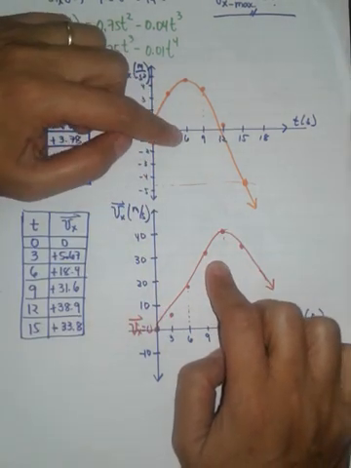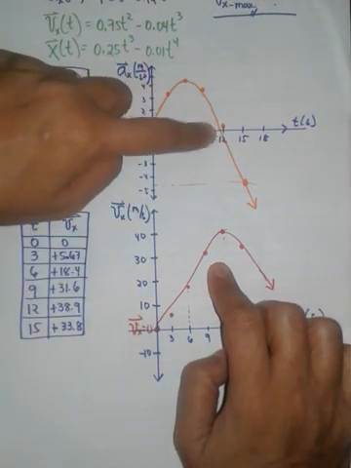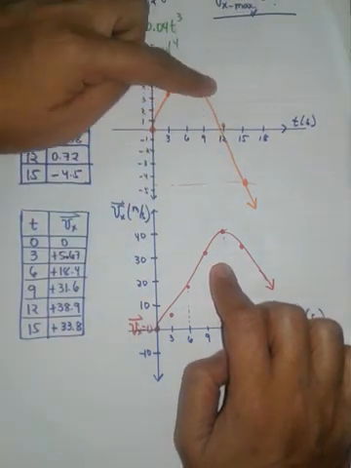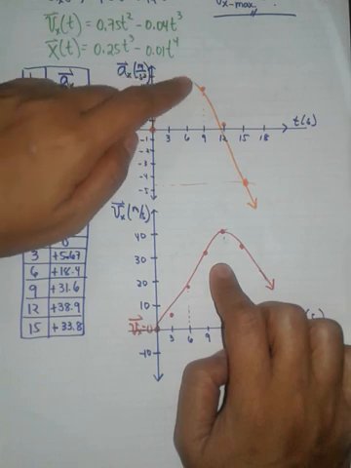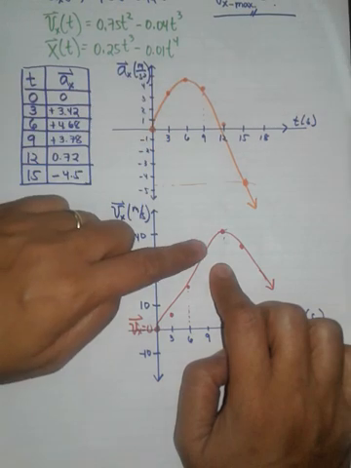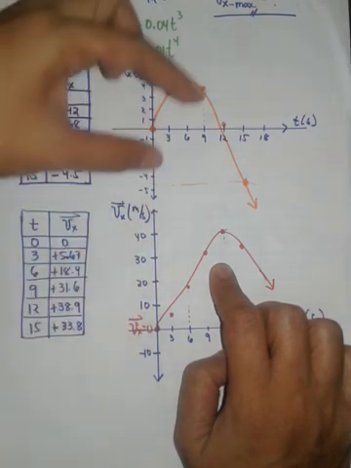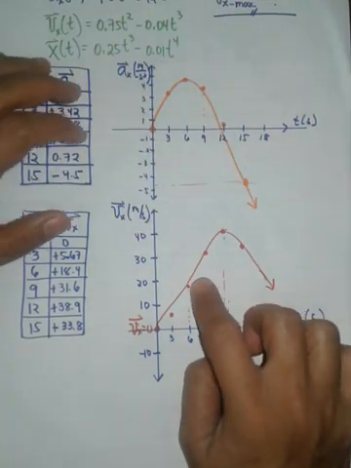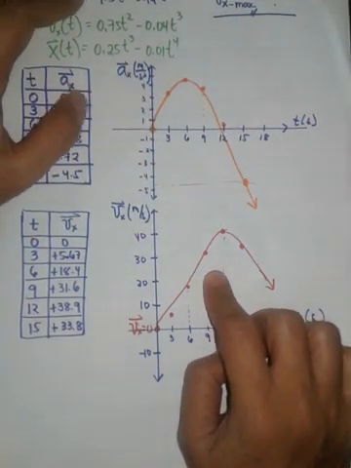Dito din sa atin, 6 to 12, itong orange na line na ito, nasa positive acceleration din. So, meaning, positive acceleration, positive velocity, then this time interval, yung motorcycle is speeding up.